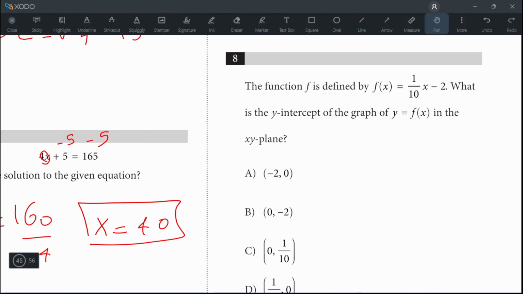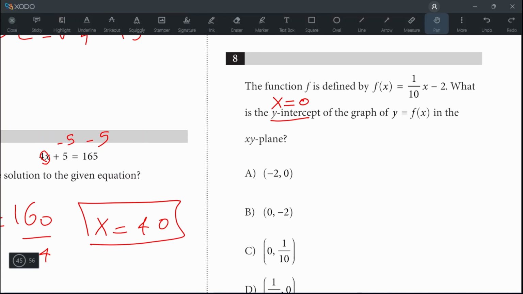The function f is defined by f of x equal to 1 over 10 x minus 2. What is the y-intercept of the graph of y equal to f of x in the xy plane? So once you see y-intercept, you should know that the value of x is equal to 0, because at the y-intercept, the x value is equal to 0.